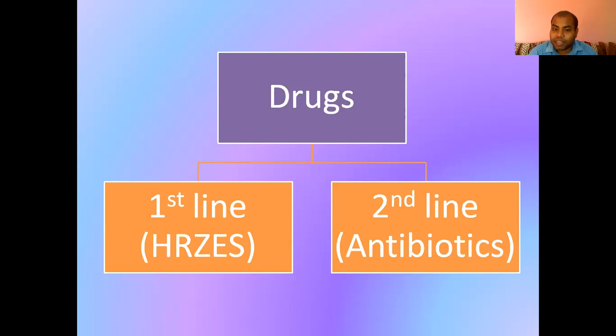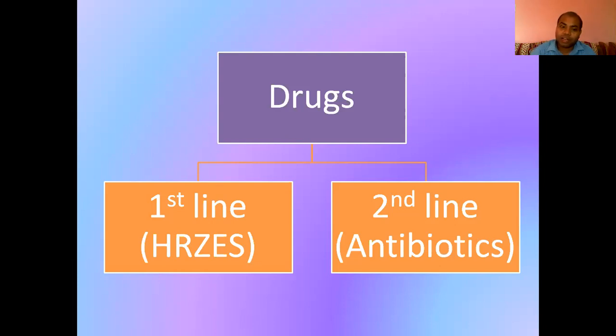Second line drugs are generally antibiotics of different classes, generally kanamycin, amikacin, clarithromycin, azithromycin, ofloxacin, ciprofloxacin, and moxifloxacin. These are the drugs used as second line drugs.